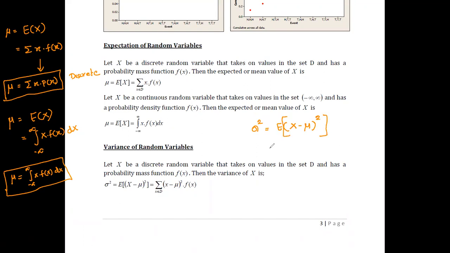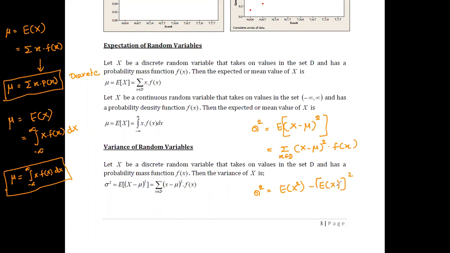If you simplify this, you obtain the summation of (x minus mu) to the power 2 times fx for all the values included in the set D. This is the general way, but most of the time we prefer to use this equation for the calculation: E[x squared] minus (E[x]) to the power 2.